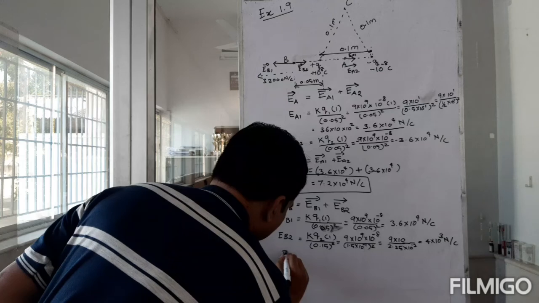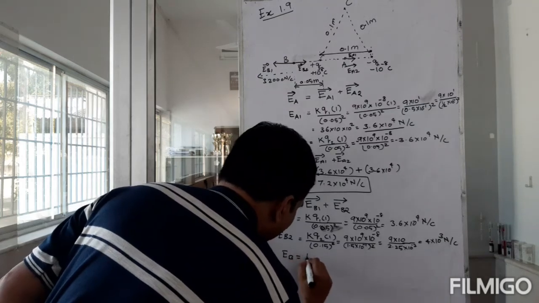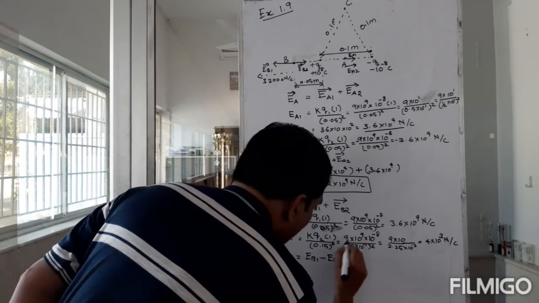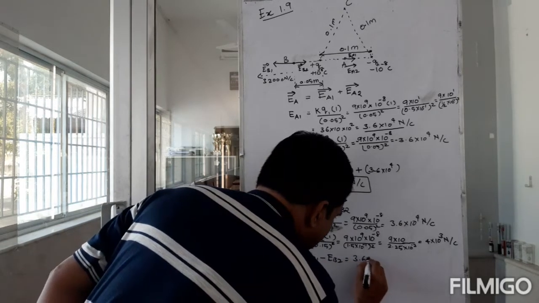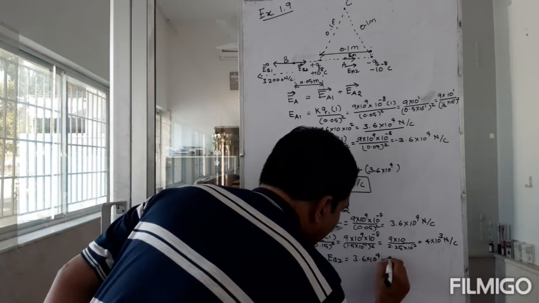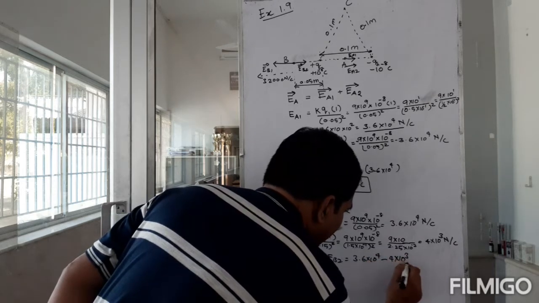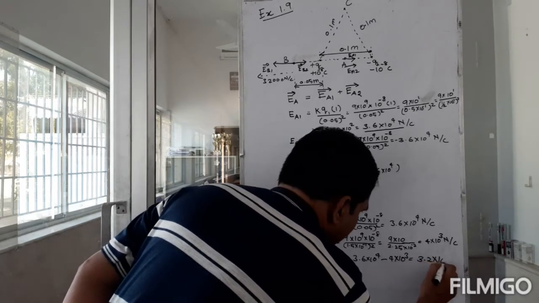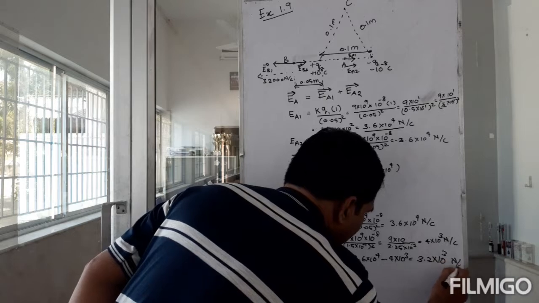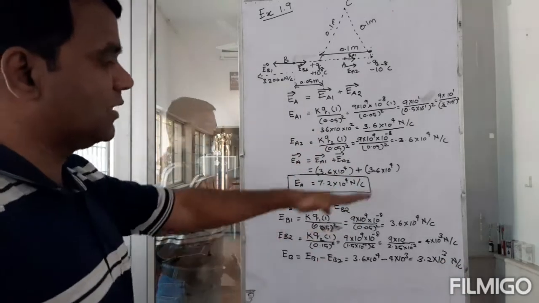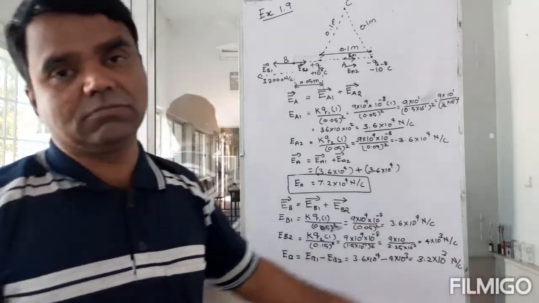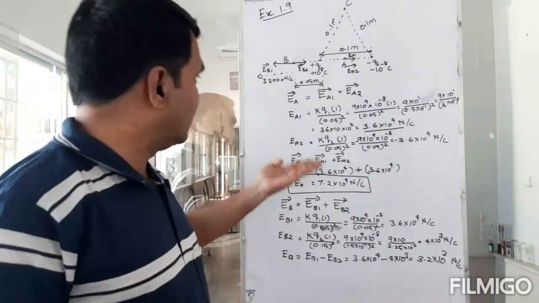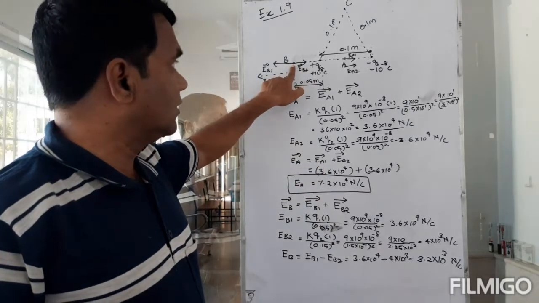So your EB is EB1 minus EB2, which is 3.6 into 10 power 4 minus 4 into 10 power 3, equal to 3.2 into 10 power 4 Newton per Coulomb. So that is the answer for E at this point.